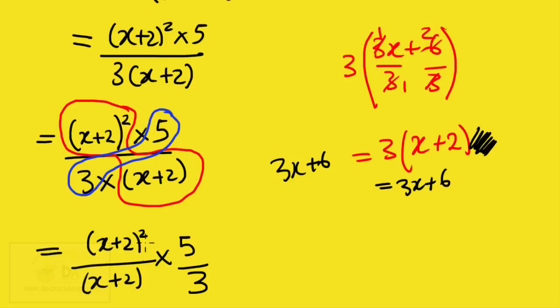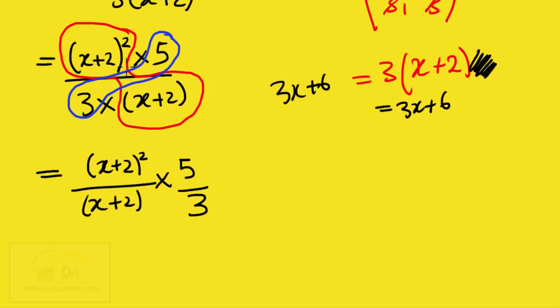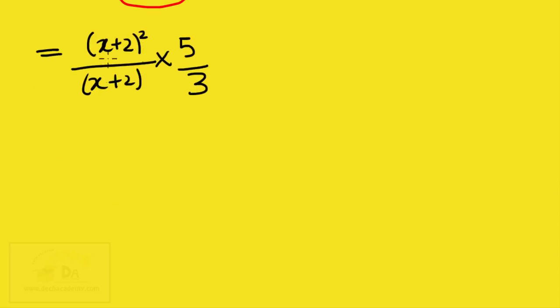So as you can see, we've broken down this term into a product of two fractions. And the reason why x plus 2 squared and x plus 2 were grouped together to give a fraction is because they have the same x plus 2 term. And you know from the laws of indices, when you have a to the m over a to the n, you can write it as a to the m minus n as a simplification.